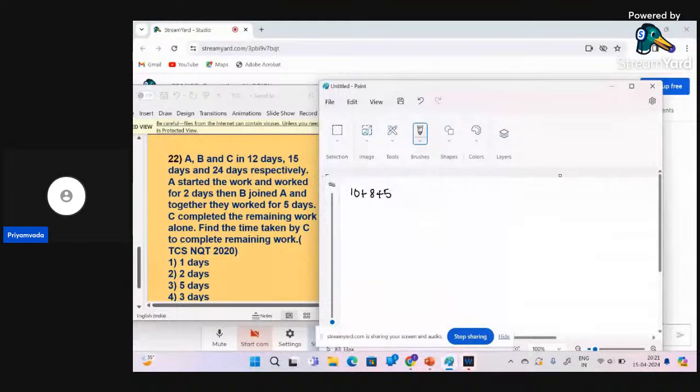These are the efficiencies of each A, B, and C. Now, what have they given? A started the work and worked for 2 days. If A can do 10 parts of work for one day, for 2 days, how many parts of work will be done? 20, right? 20 parts of work is already done, out of 120 parts, because that's the LCM we have taken. Then B joined A, and together they worked for 5 days.